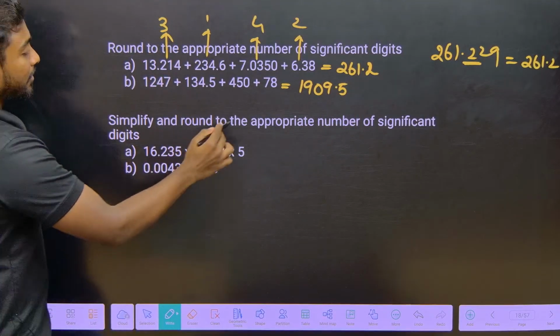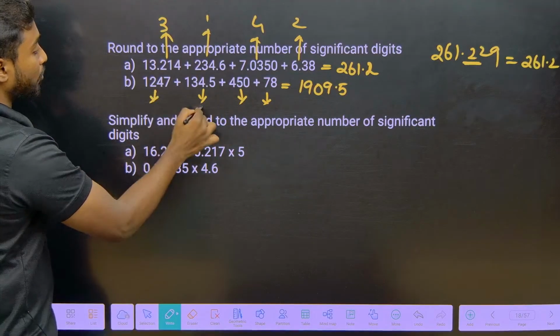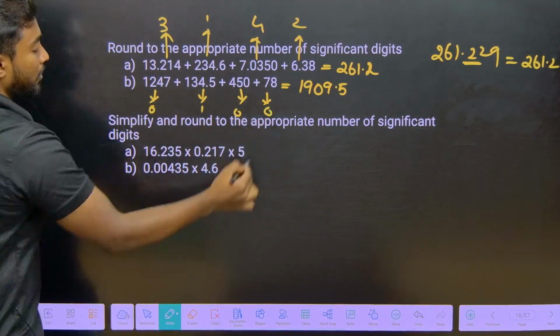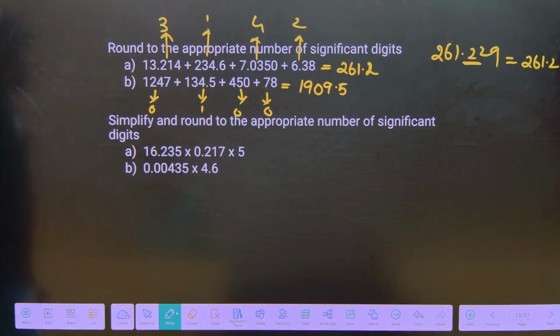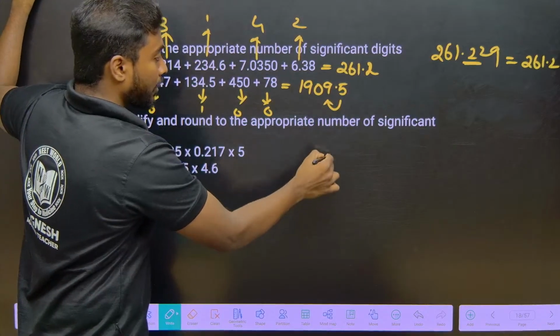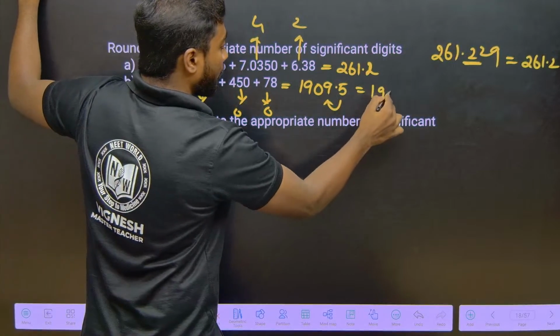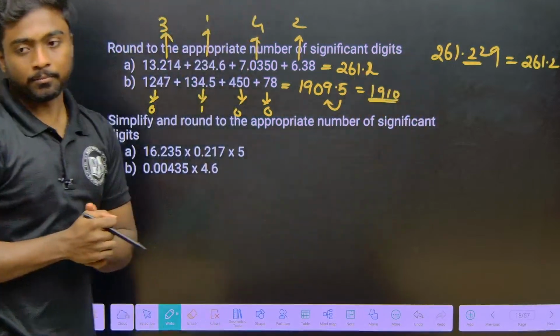How many decimals are there? 0 decimal, 0 decimal, 0 decimal. The least decimals are 0. Now what can I do? It is equal to 5, so I have to look at the previous number. If it is odd, I have to increase it by 1. What will be the answer? 1910. That's the answer.